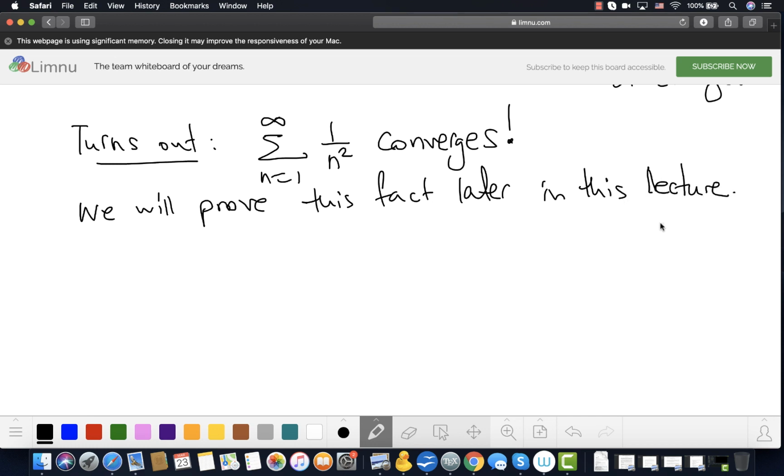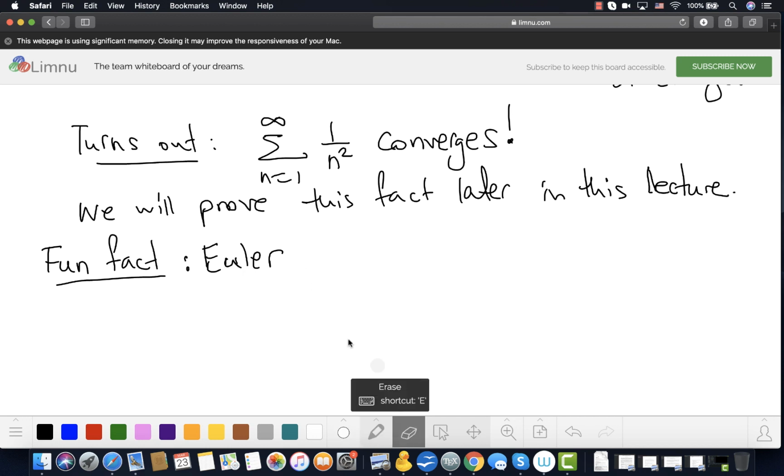But let me go on a side note and mention a very, very fun fact that was proved by Euler a couple hundred years ago. Euler proved an amazing identity regarding this sum.